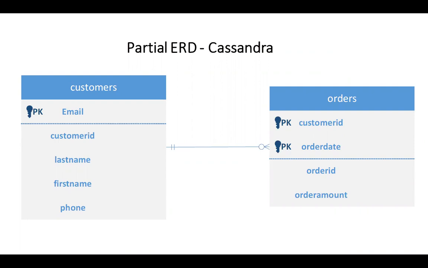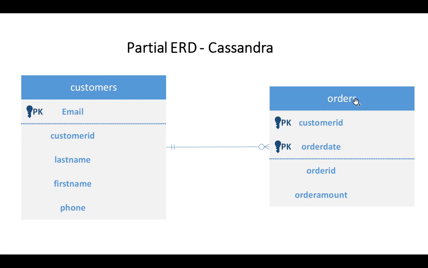If we use Cassandra, then we need this customer table to have the email address as the PK, as well as the partition key. Okay, so this email address will be the partition key as well as the PK.